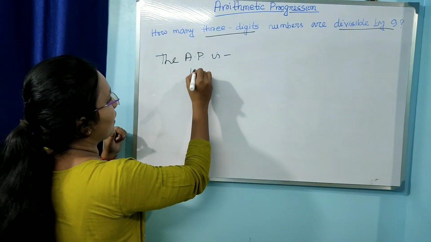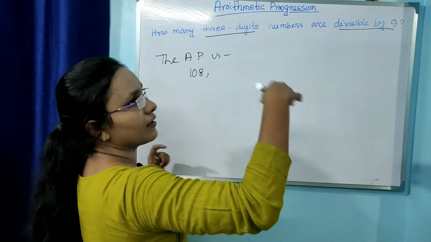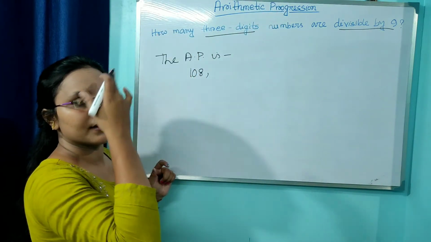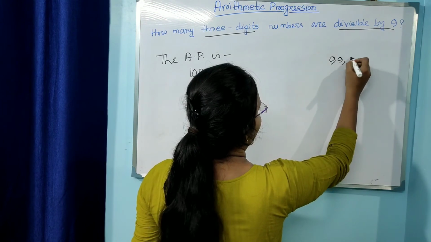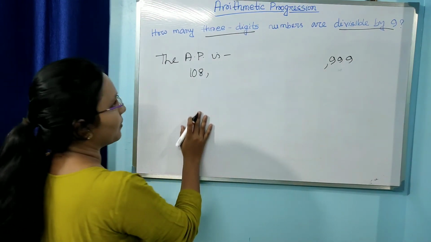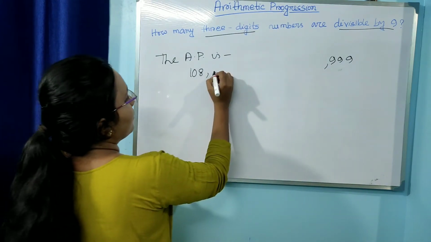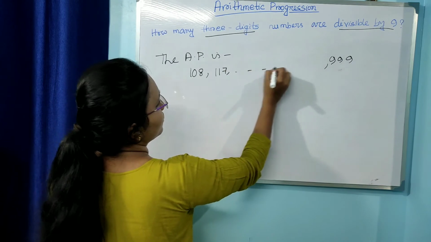Okay. So first is 108. And the last is the greatest 3 digit number which is divisible by 9, that is 999. This is the last term, this is the first term. And the second term will be 108 plus 9, that is 117 and so on.